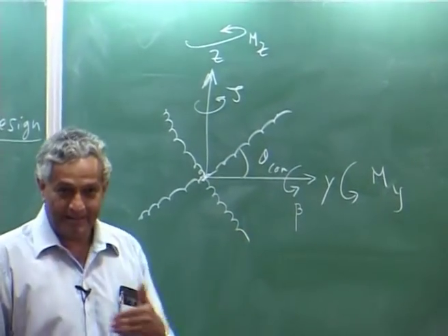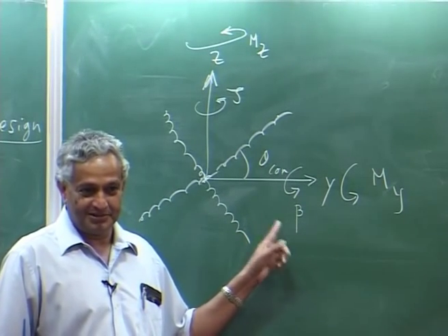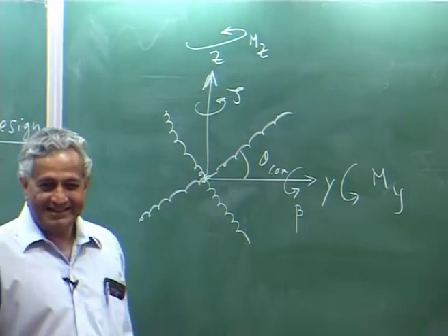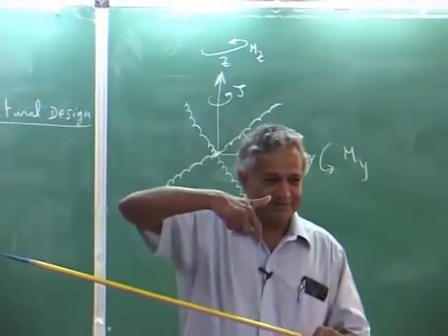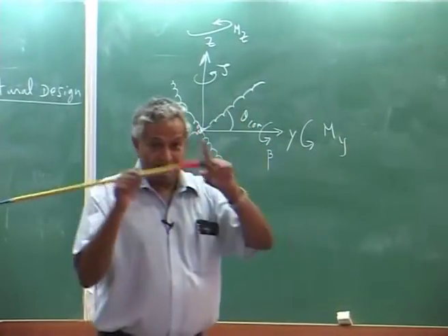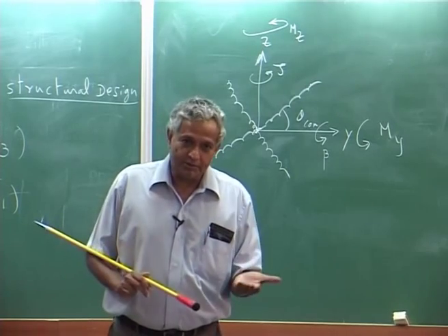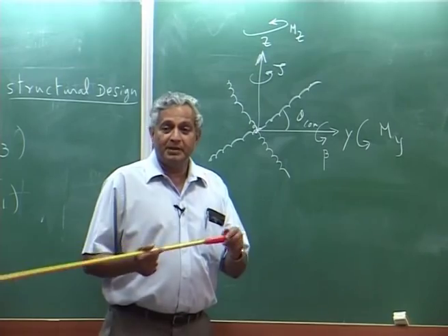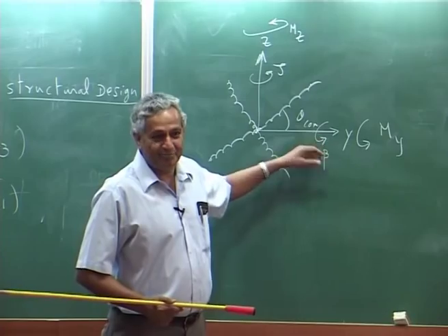But here please note, this is a flap down, I am taking positive, counterclockwise rotation, here counterclockwise rotation. There is a lot of confusion, because flap is up, what should I do, how do I take it. Finally, if you take this way, you will get one set of equations which is consistent. But then if you want to introduce beta up as positive, you have to change the sign of beta.